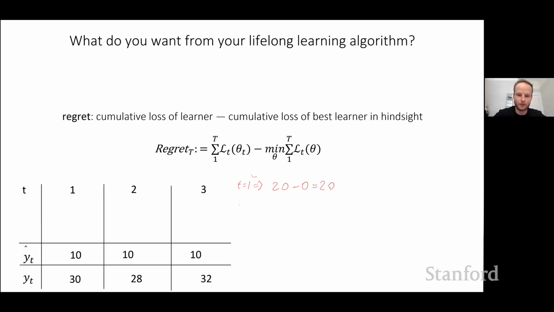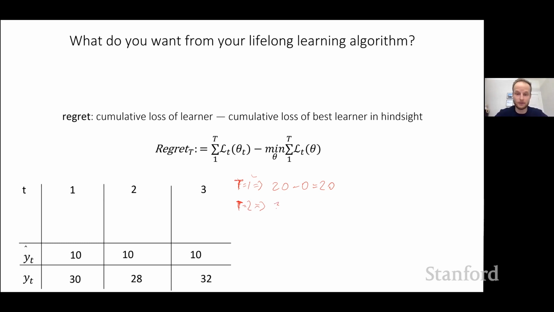Right. So for capital T equal 2, we'll now be summing over 2 games. The original difference was 20. Now you get the additional difference of 18. So that's 38.